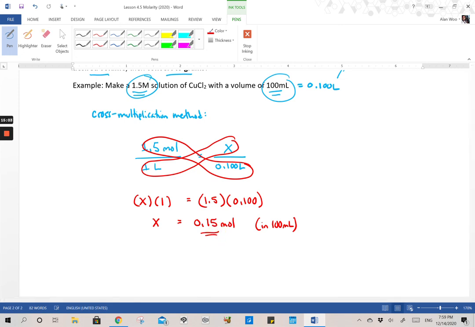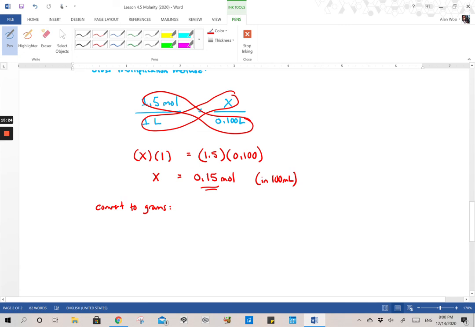To figure out how much I need to weigh out, because you can't weigh out 0.15 moles, our scales don't work that way, that's why we need to convert back to grams, just so that you can get the right amount of copper chloride. So if we did that, we would take 0.15 moles and multiply it by the molar mass of copper chloride.